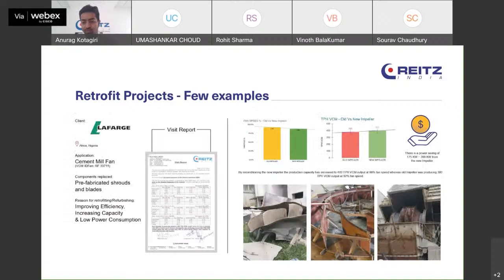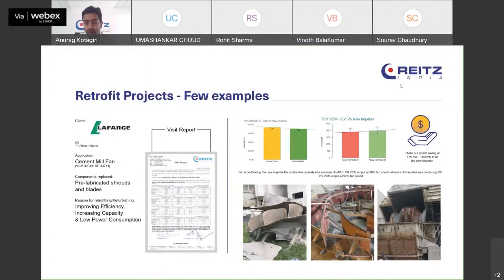This is a good example of something that we're really proud of, as you can see on the left in the middle here. For this particular cement mill fan in Nigeria, the impeller flew out of the casing. Luckily, nobody was injured, and we were able to send prefabricated blades and the shroud from here, do the welding on site, put it in the existing casing and run the fan.